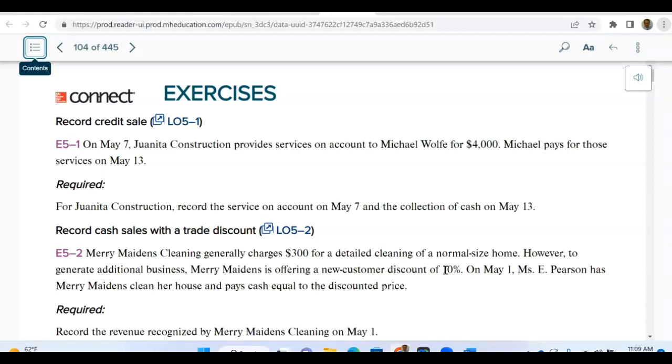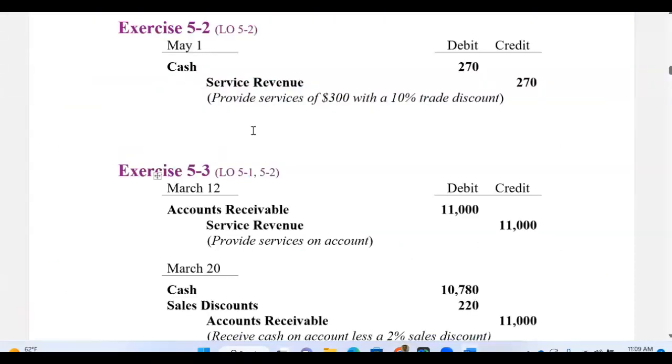So, as I said, trade discount is an immediate discount, right? So all you're going to record is just the actual sales. The actual sales is, let's say, debit cash or debit accounts receivable. In this case, it's cash. So debit cash, $270, and service revenue for $270.